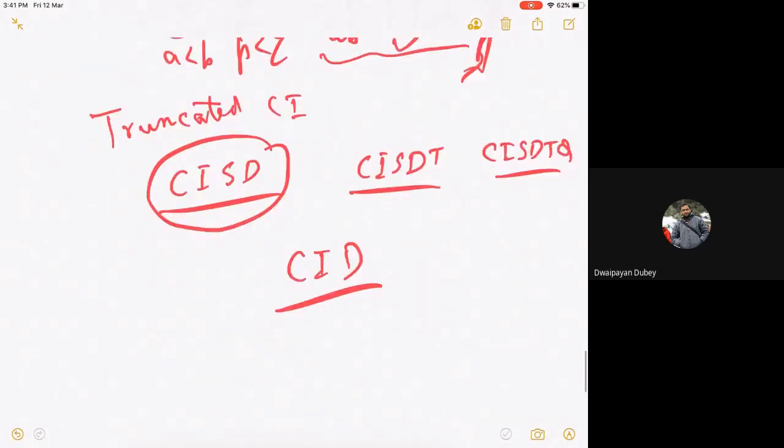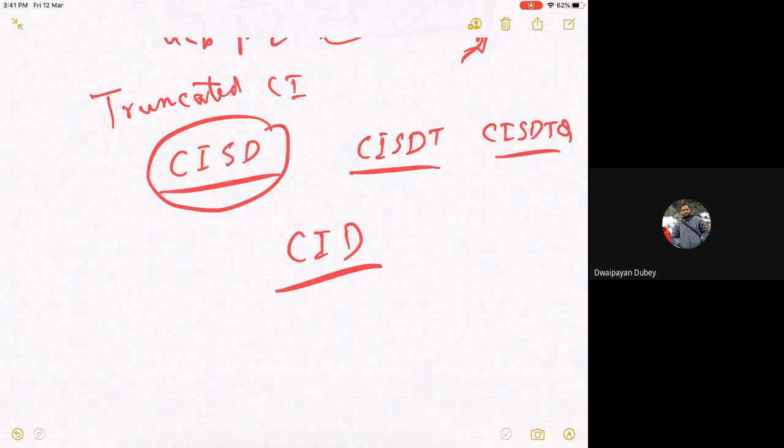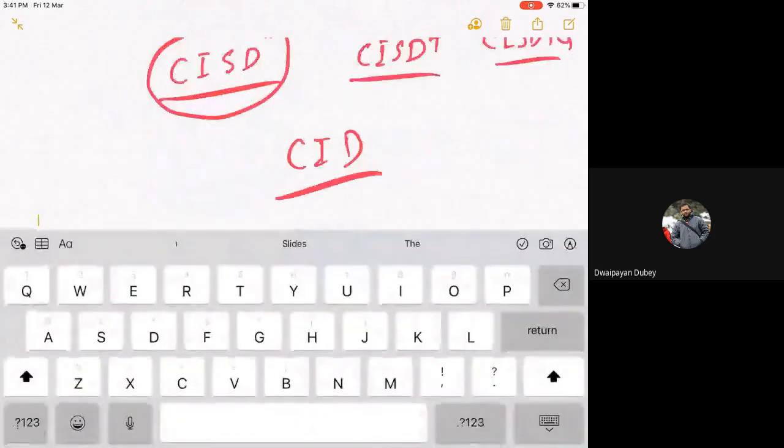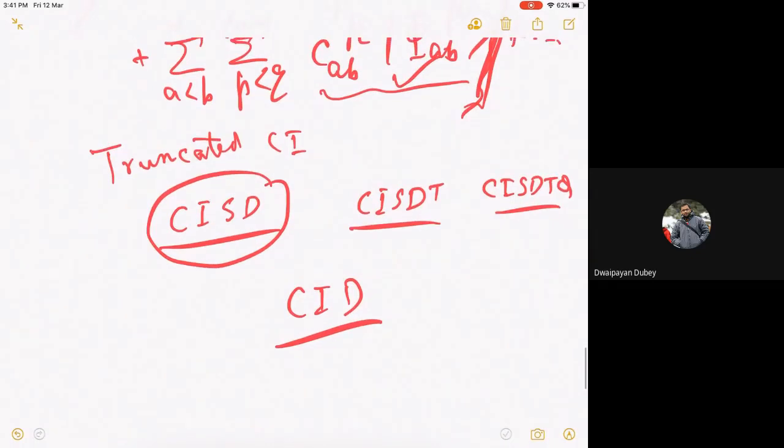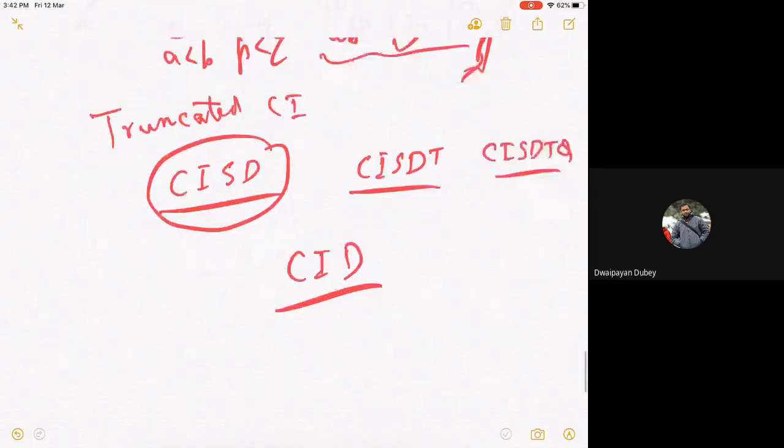So you can make several different truncations, and they will become the context of incomplete CI or truncated CI. Is it clear? If there are any questions, please ask. Can I proceed?